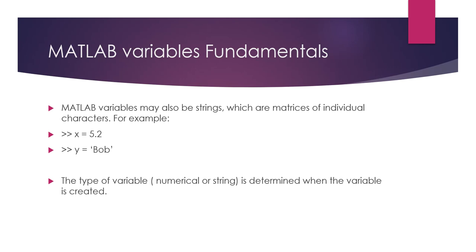You could also have a different type of variable called a string. In the example there, the first example is a floating point data type, and that's a scalar. They're both scalars, except that the second one is a string scalar. When you create the variable, the data type will be inferred.